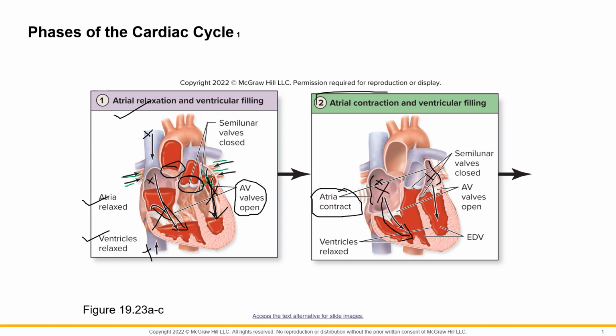So atrial systole is going to squeeze the blood out from each atrium into the respective ventricle. Important to note again with the valves is that both your bicuspid and tricuspid, which are the AV valves, are open, and both the semilunars are closed.